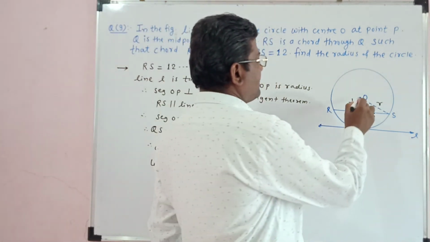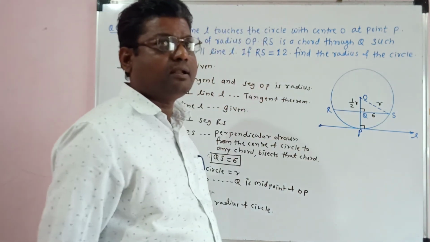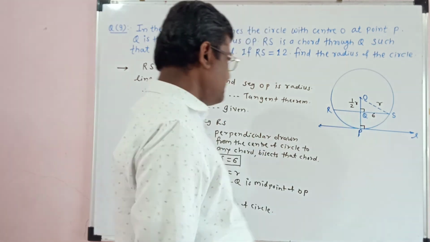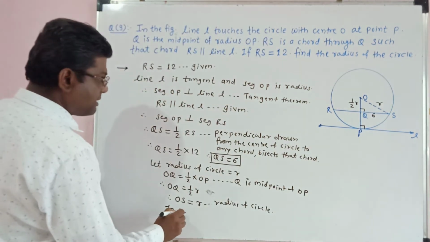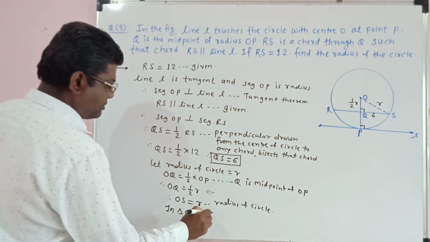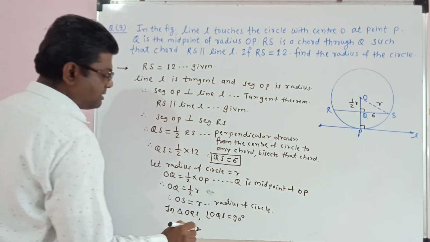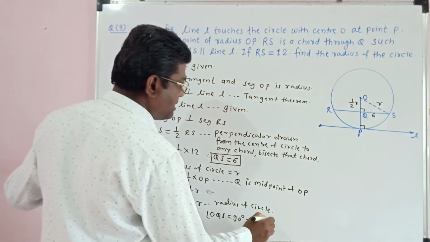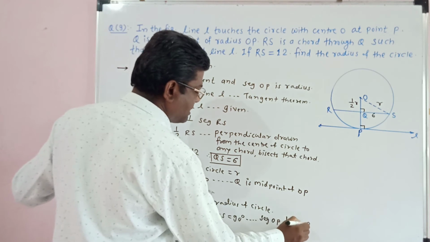Now in triangle OQS, this angle is 90 degrees. Reason is OP is perpendicular to RS. So we write in triangle OQS, angle OQS is equal to 90 degrees. Reason for this is segment OP is perpendicular to segment RS.